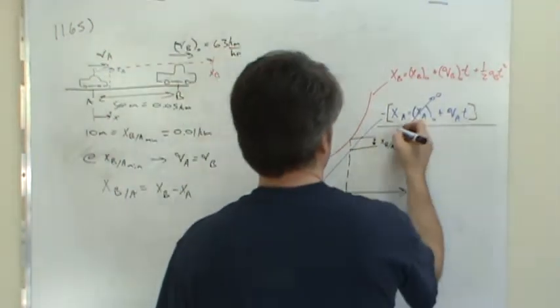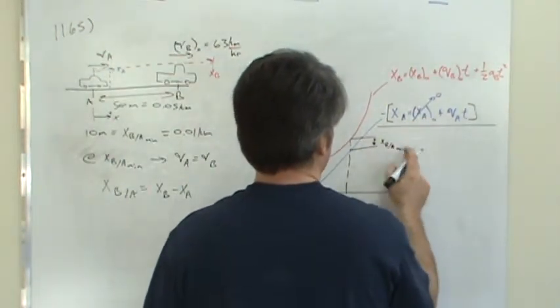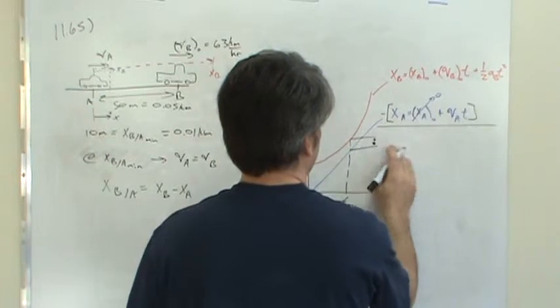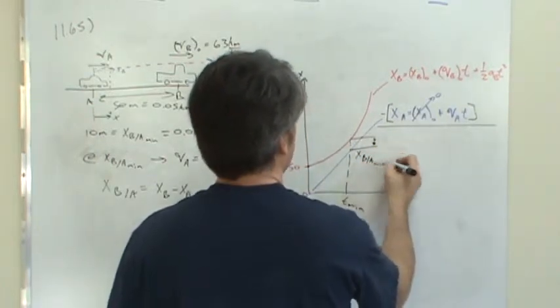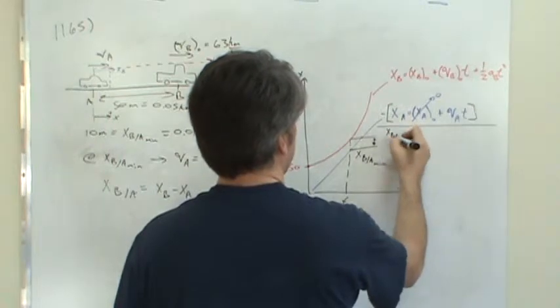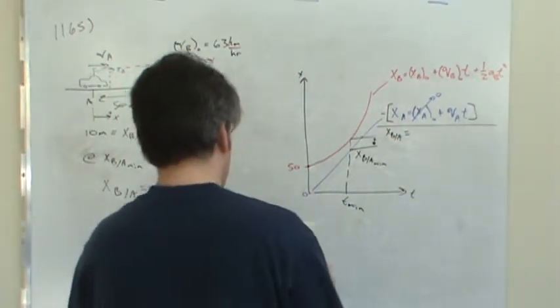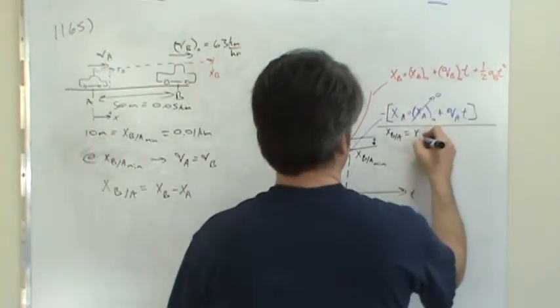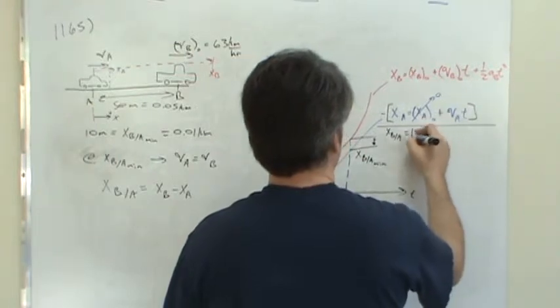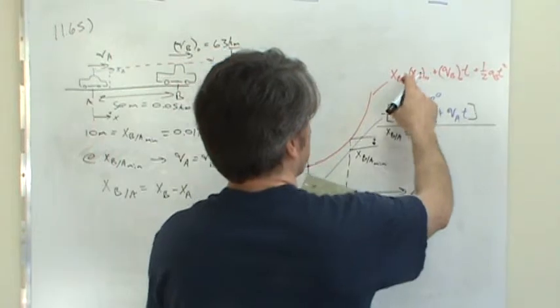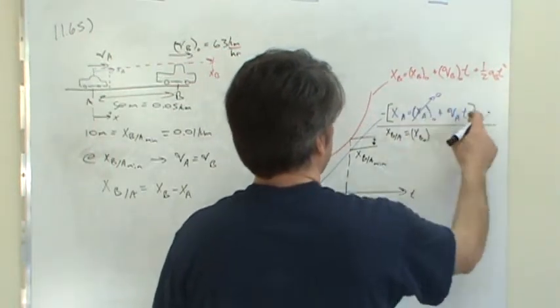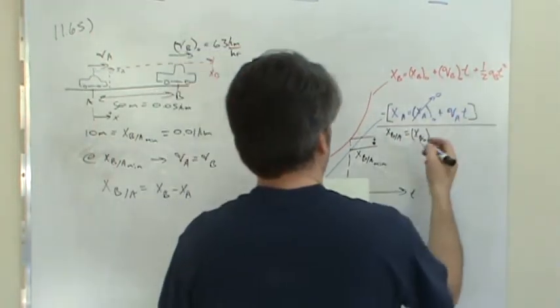If you do that, what you'll find is that, let me move this out of the way and put it here, x of B with respect to A minimum. You'll find that x of B with respect to A is just the initial position of B. Now minus is 0, so I won't write it in, right? So all I'm doing is I'm going to take this equation, write it down, and subtract this one off.